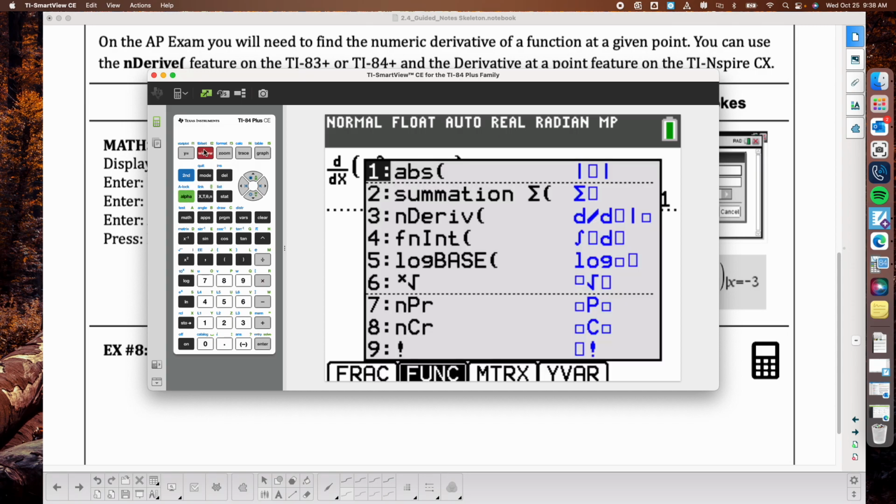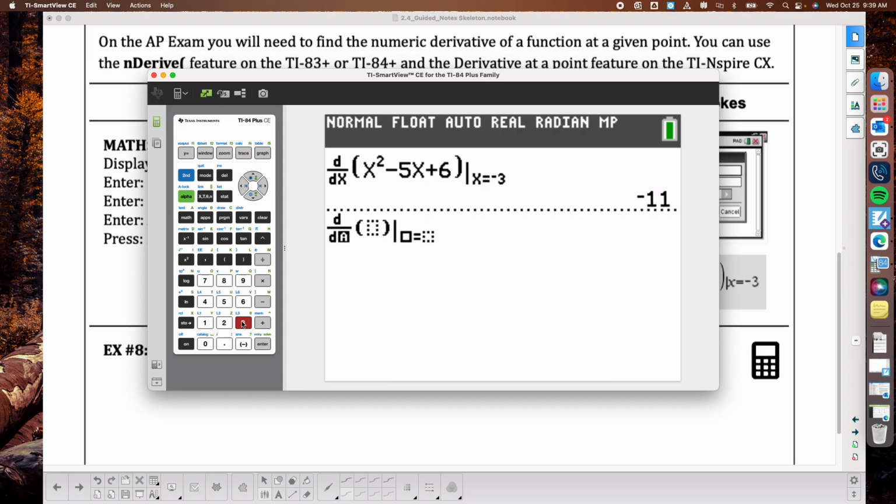Because isn't the next one x minus 1? Yeah. Okay, I'll show you where all the notation is. Let's do the derivative part first, so secret menu F2. Absolute value symbol is also in that exact same spot.